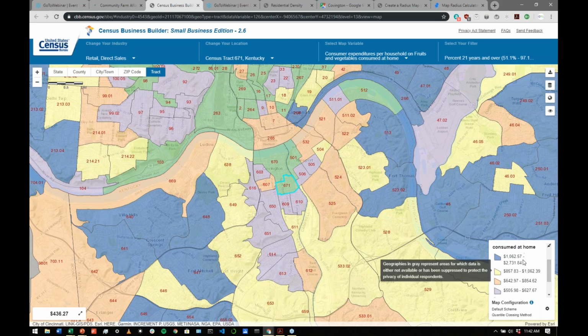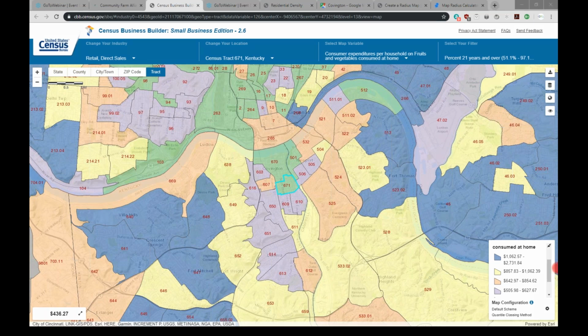But then you can see down here, you have the scales on the right-hand side. Down here, you can see what people are budgeting for fruits and vegetables at home. So if I were looking at setting up a new market, I'd also be willing to bet that some of these areas are quite nice.